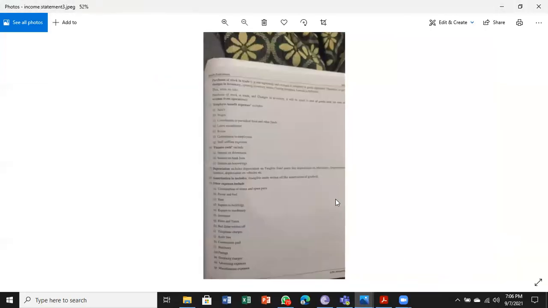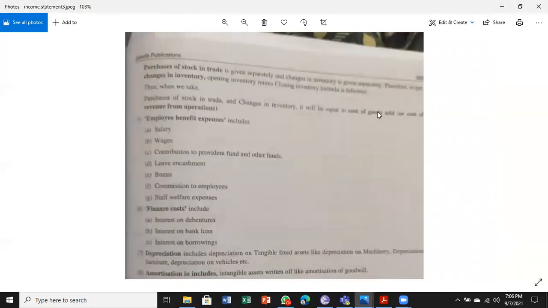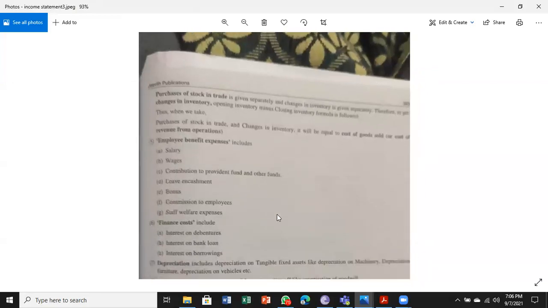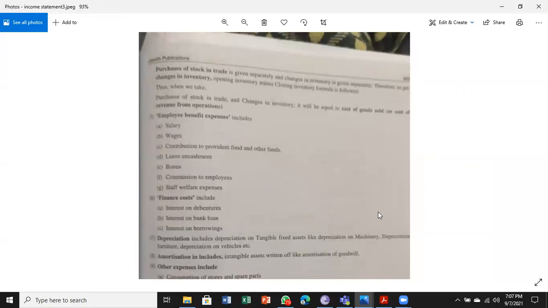Next, we get into purchase of stock in trade. Sometimes businesses may not be in the manufacturing part, they may be into purchase and sale of goods. So we consider how much finished goods value was purchased and how much is sold.